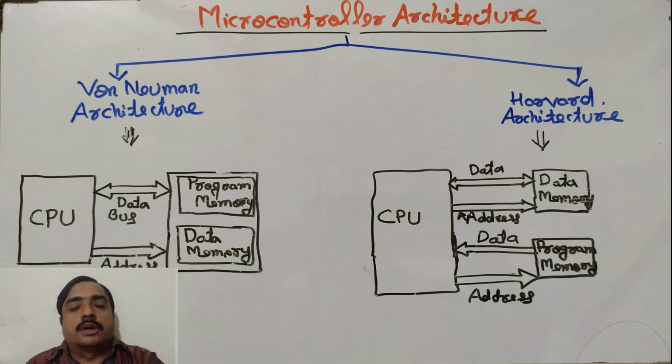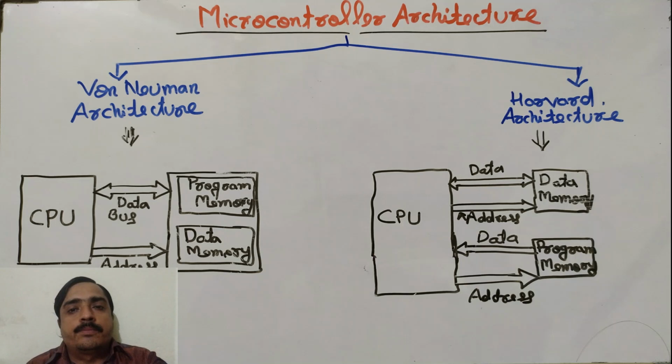So what is the advantage of Harvard over von Neumann architecture? Which architecture is better? It is clear that Harvard architecture is better because the accessing capability of the address bus and data bus is enhanced.